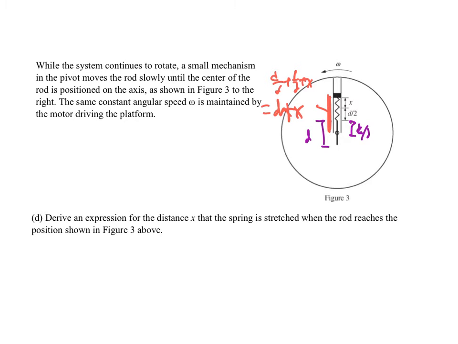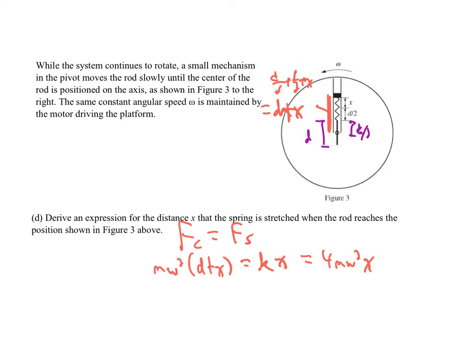And so we would say, well, our centripetal force is still our spring force, or m omega squared times the distance from the center, which is d plus x, equals k times the stretch in the spring, which is x. Remember that k itself was 4m omega squared, so we have that.